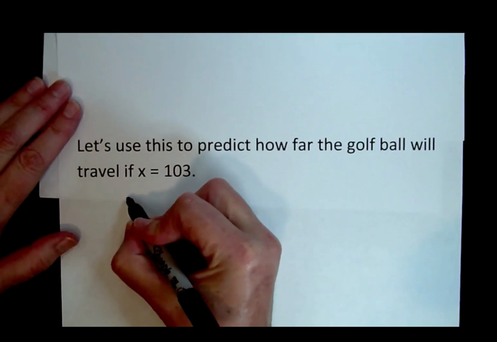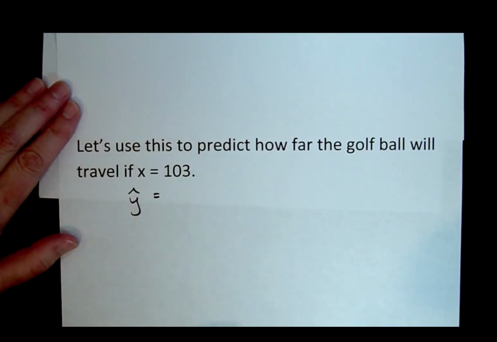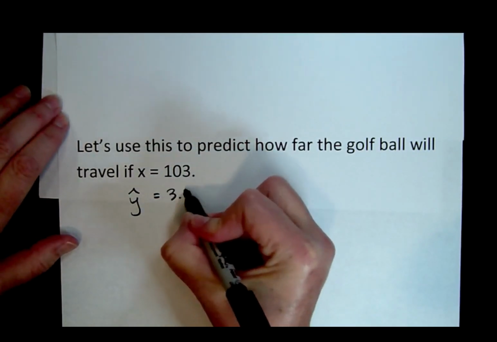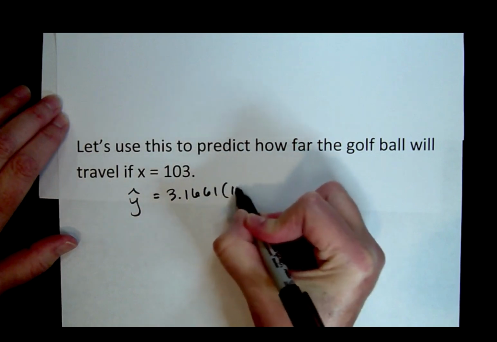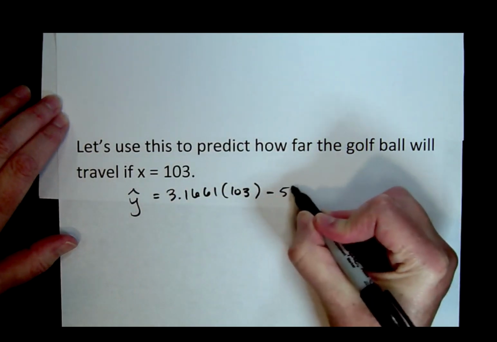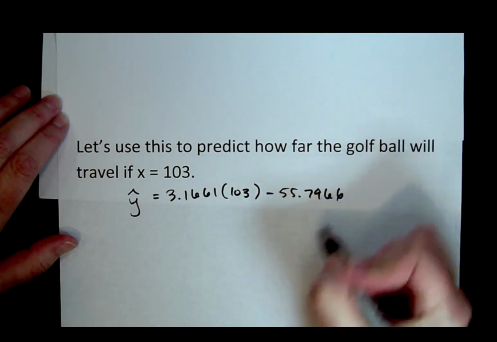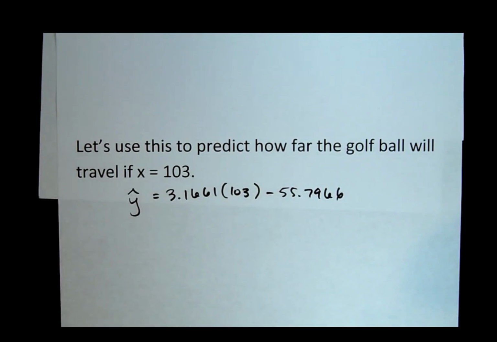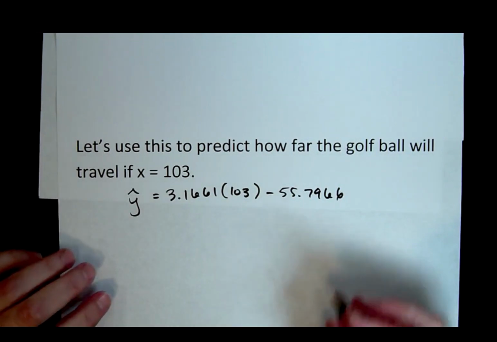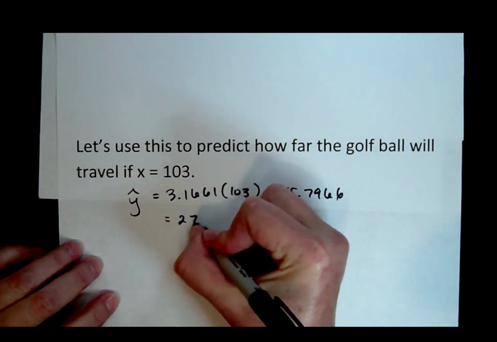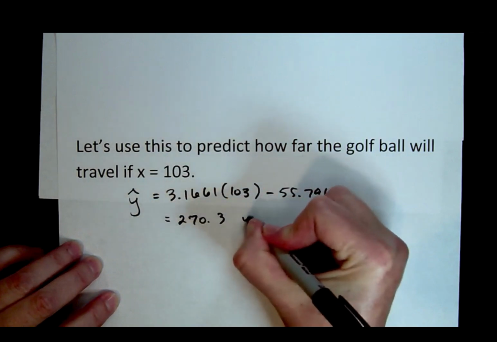So y hat for this x value is 3.1661 times 103 minus 55.7966. Crunch, crunch, crunch the numbers, and we'll get 270.3 yards.